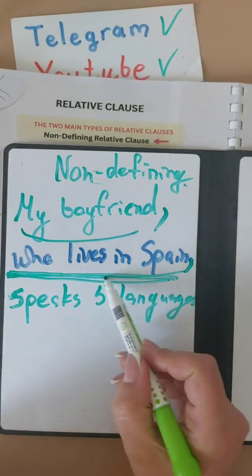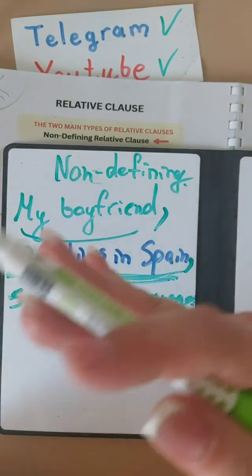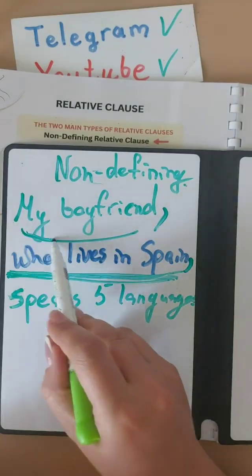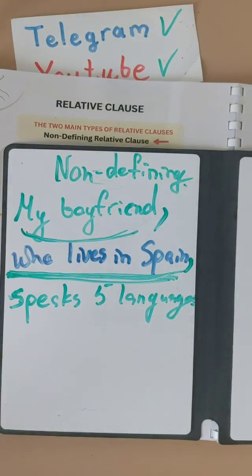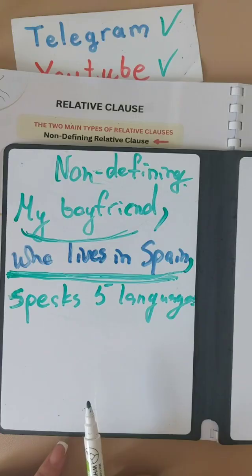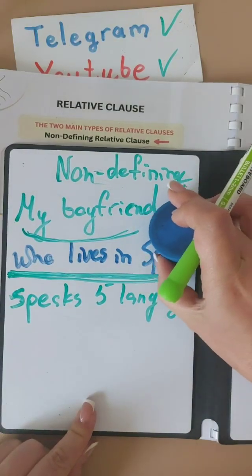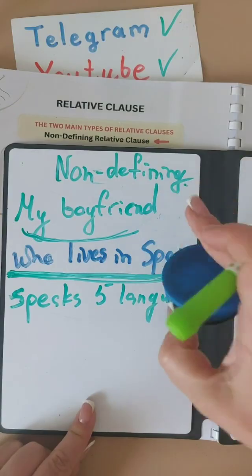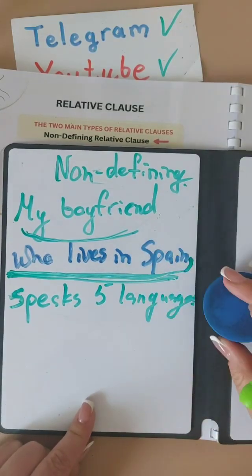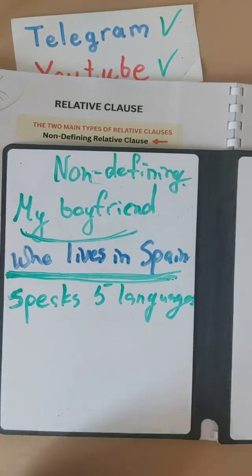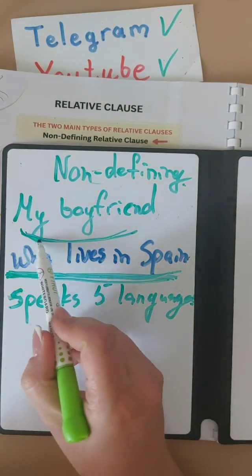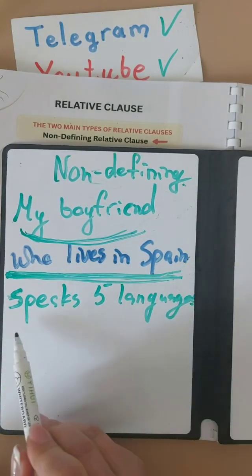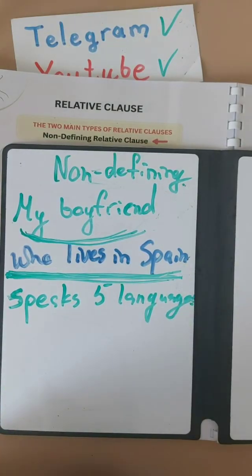Again, your boyfriend, if the listener already knows that you have only one boyfriend, you don't need essential information to identify which boyfriend, right? Because again, be careful with commas, because if I remove the commas, it means you tell the listener that my boyfriend who lives in Spain speaks 5 languages.